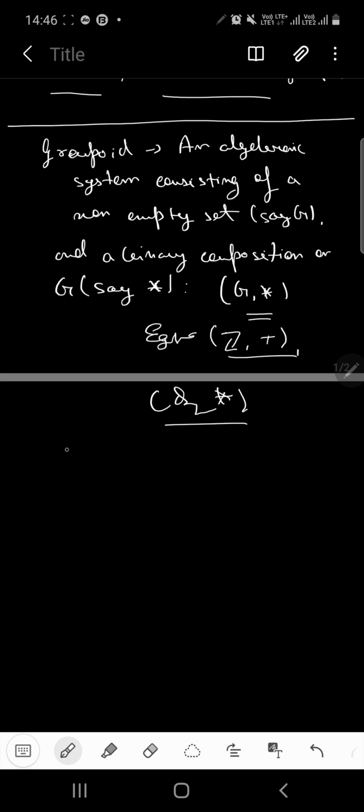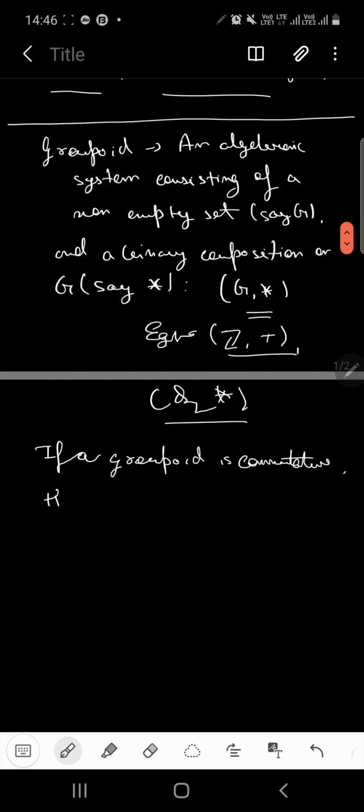Now if a groupoid is commutative, then it's called a commutative groupoid.